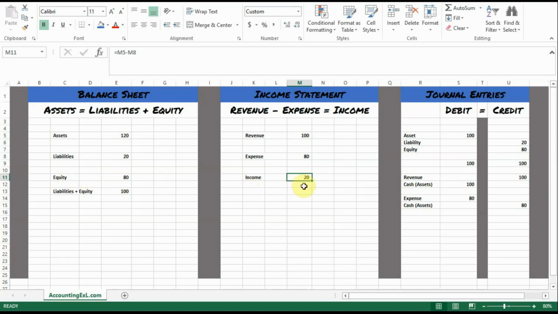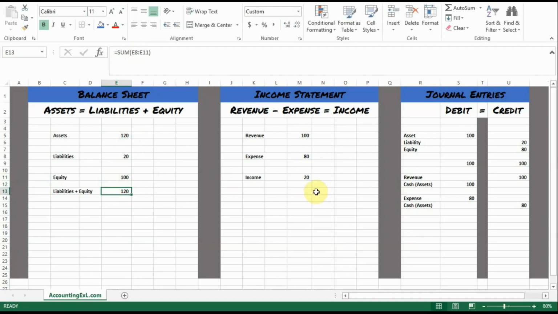So what we need to do is account for this. This is an accumulation of our earnings, which is going to show up in our equity. So we just add this $20 to our equity. And now our assets equals our liabilities plus equity.